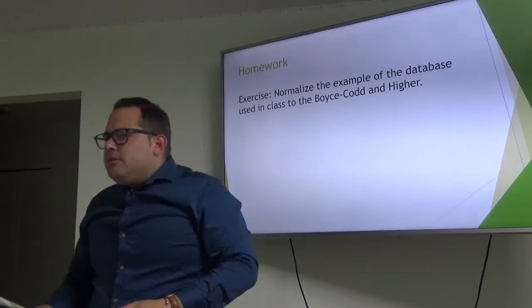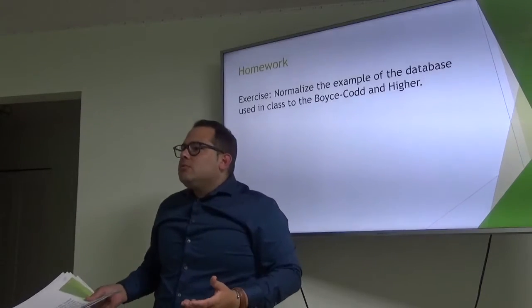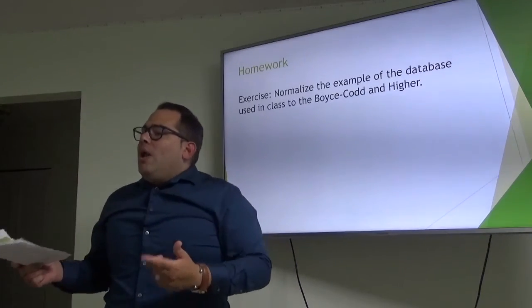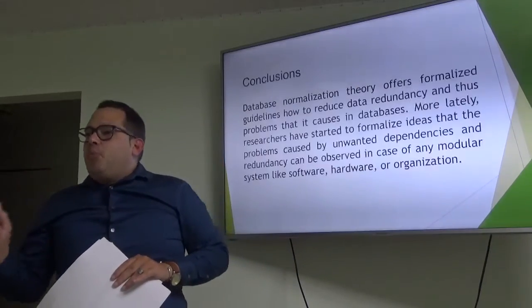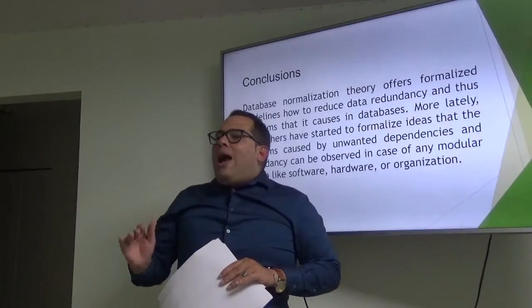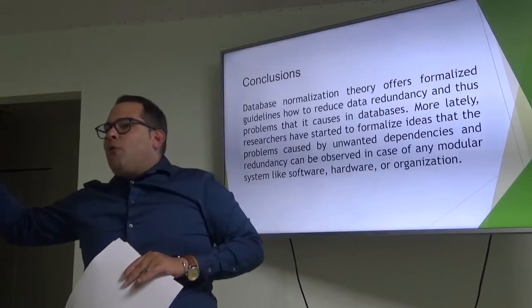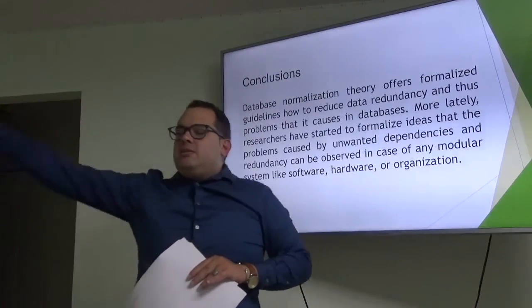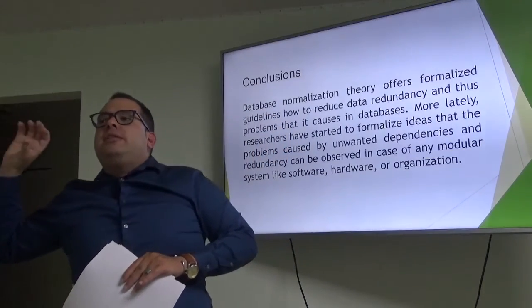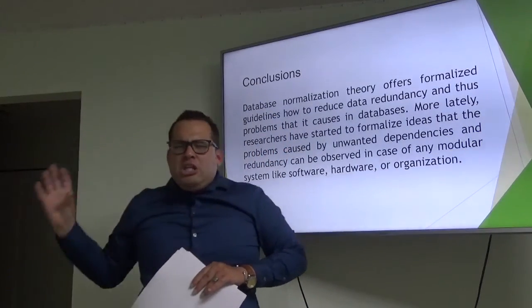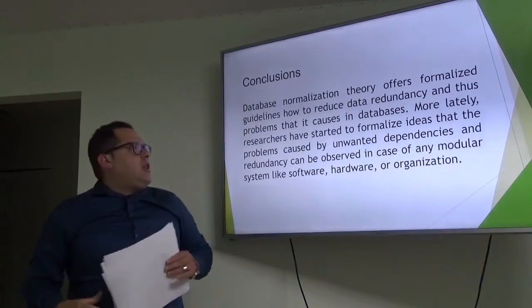Any doubt about that? About the homework? Okay, well, yes, you can use the bibliography, and it's very important to know why the most part of our databases are finished at the third normal form. In general, okay, in general.